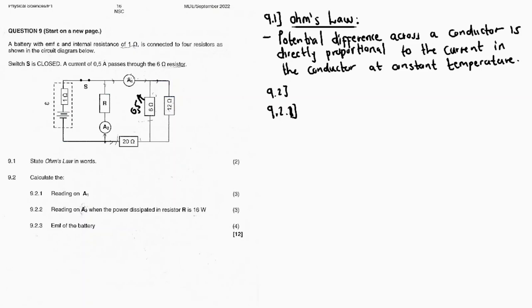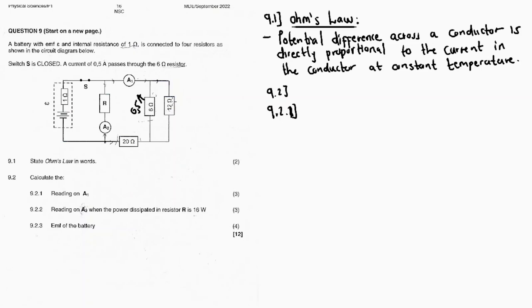A1 is common to the parallel connection as well as the 20 ohm, meaning the current flowing in this parallel connection will be the same as the current flowing in the 20 ohm, since the parallel connection and this one are in series, and in a series connection current is constant, right?